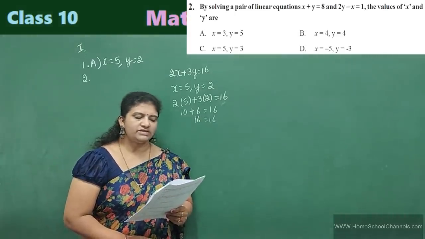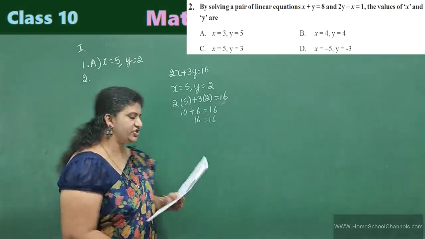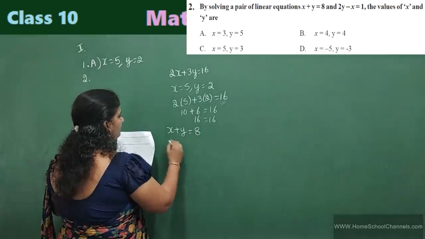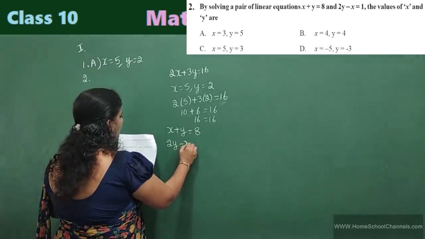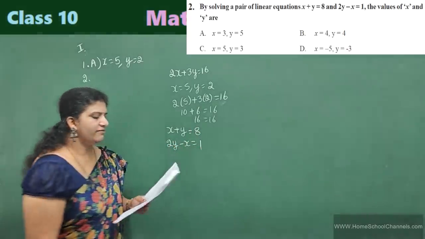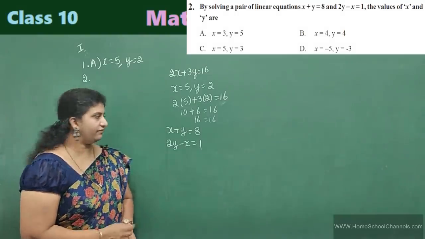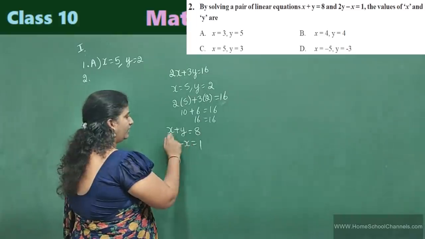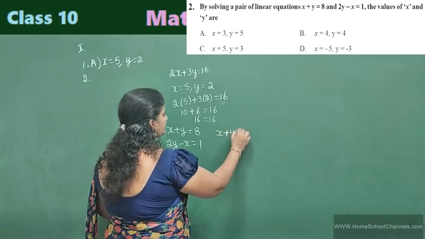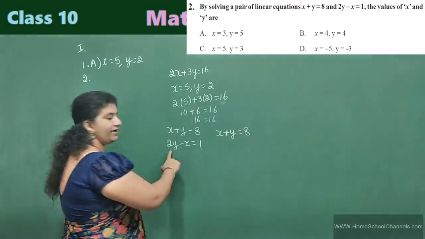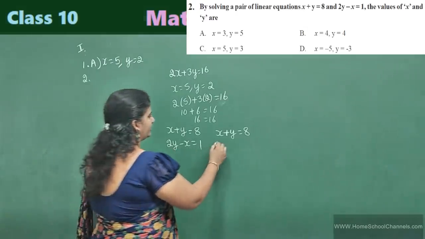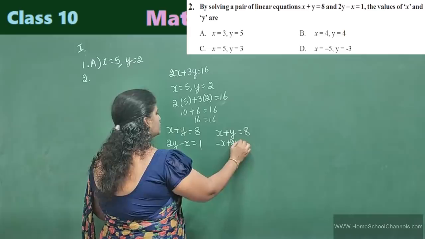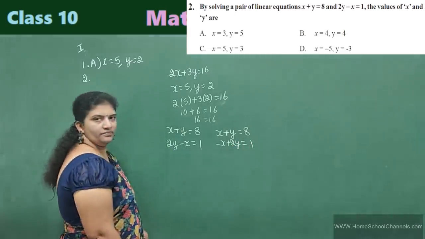Second one, by solving a pair of linear equations, x plus y is equal to 8, 2y minus x is equal to 1, the values of x and y are. We need to solve these two equations. Observe here carefully. I take x plus y is equal to 8 as it is and rearrange the other equation, that is minus x plus 2y is equal to 1.